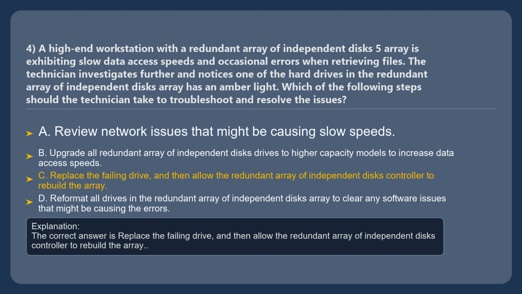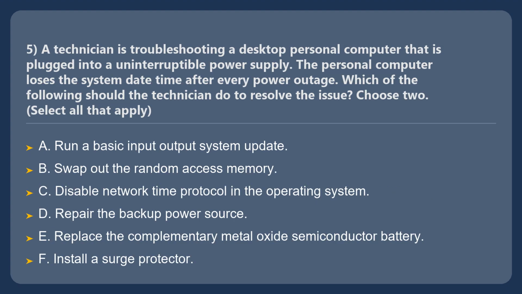Question 5. A technician is troubleshooting a desktop personal computer that is plugged into an uninterruptible power supply. The personal computer loses the system date and time after every power outage. Which of the following should the technician do to resolve the issue? Choose 2. Option A. Run a basic input-output system update. Option B. Swap out the random access memory. Option C. Disable network time protocol in the operating system.